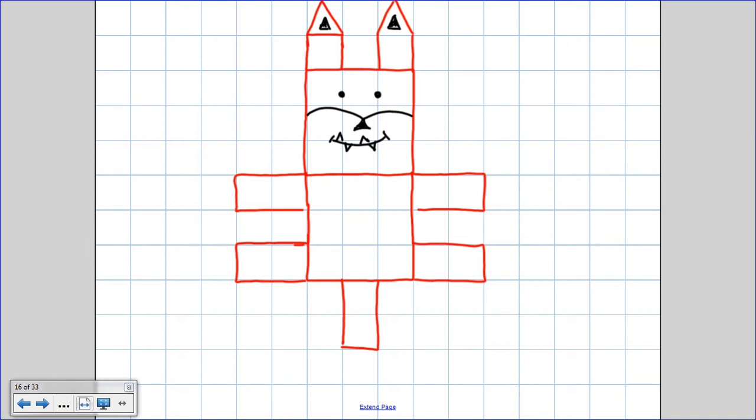So I guess I'll say this is my dog. And I got to find the area. Well, his face, the area of his face is 9 squares. His ears, well, together, there's 2 squares.